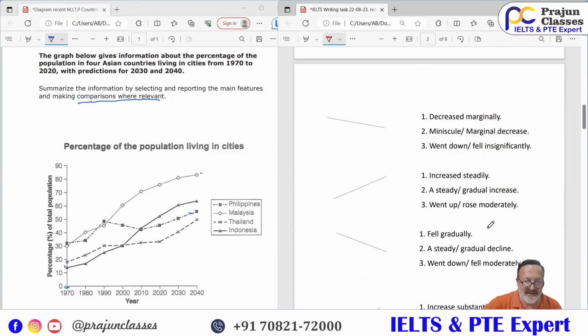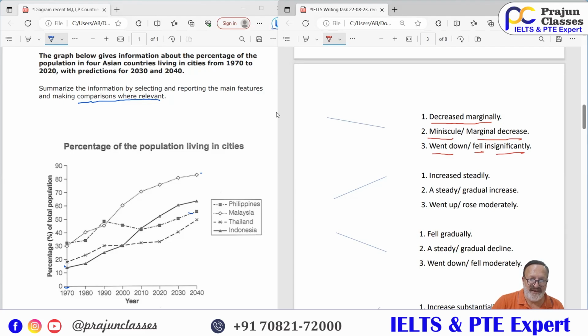Now similarly, if there is a fall which is very small, then we have decreased marginally, then you have a minuscule or a marginal decrease. You should keep on changing these also, because the examiner will look at the range of vocabulary which you have used, and you can say went down insignificantly or fell insignificantly.